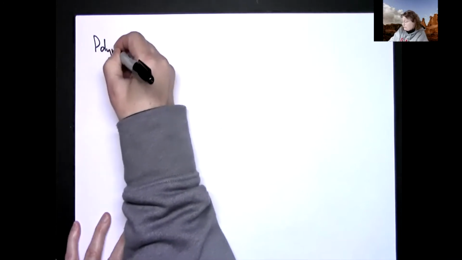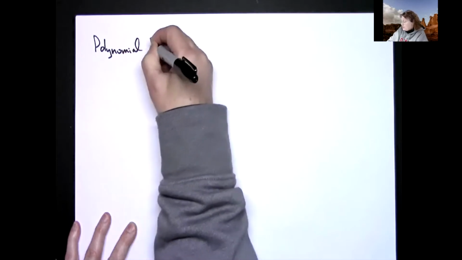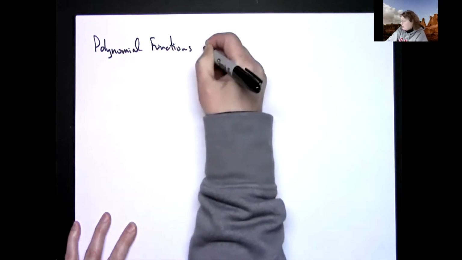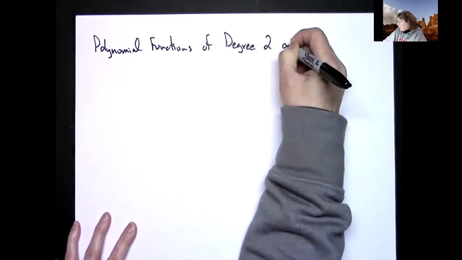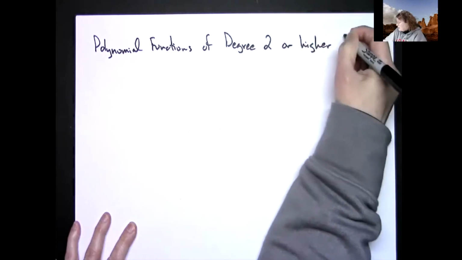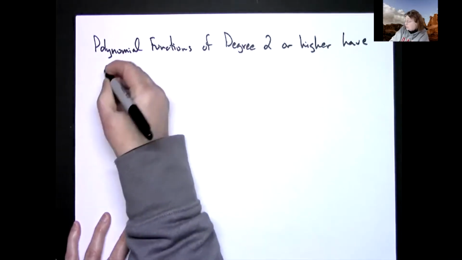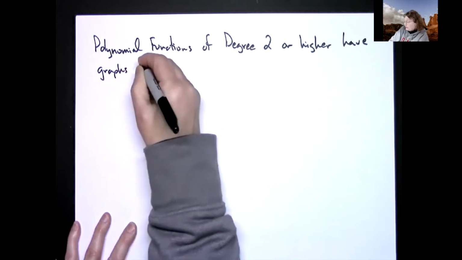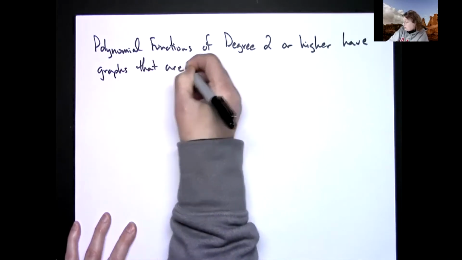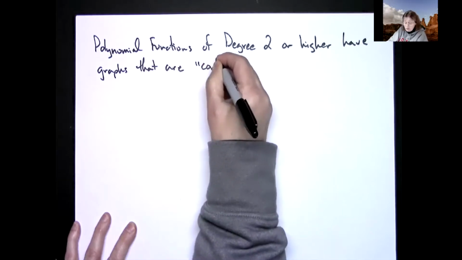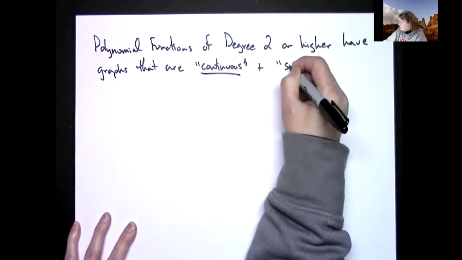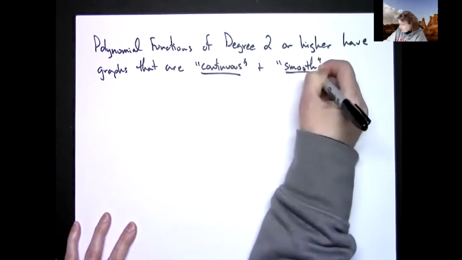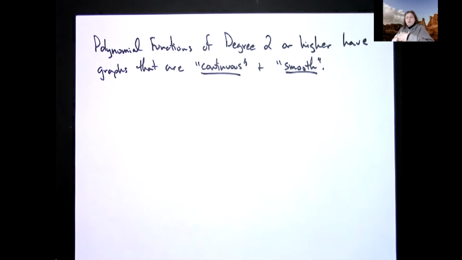Polynomial functions of degree 2 or higher have graphs that are, and here's two vocab words, continuous and smooth. So that's just in general. Polynomial functions, when I graph them, they are smooth and they're continuous.